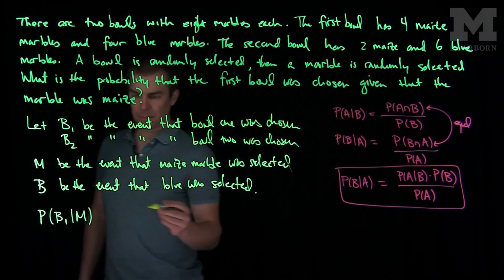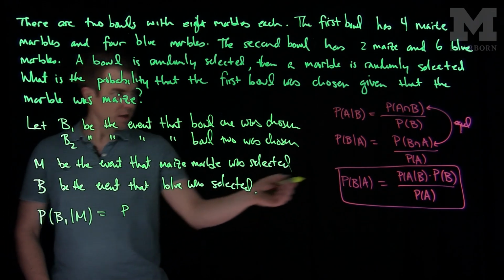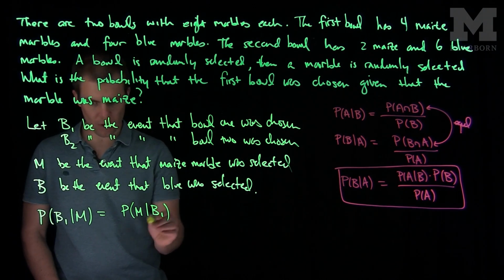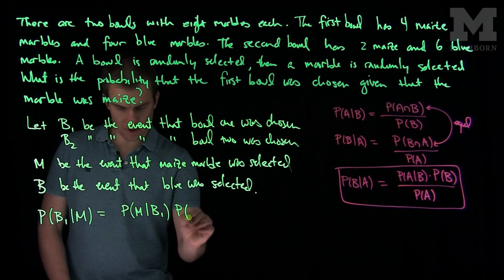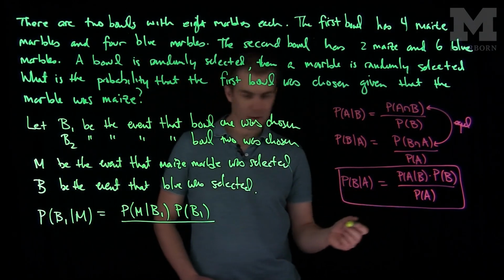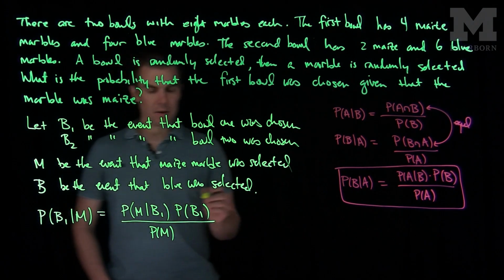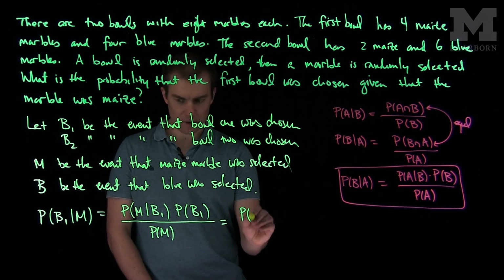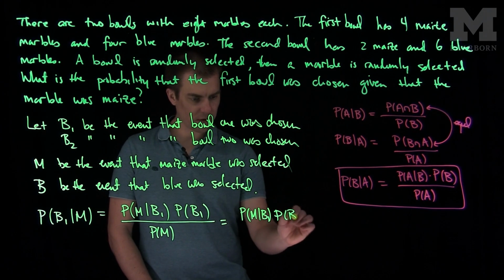So we go back to this problem. The probability of B1 given M is the probability of, flipping them, M given B1. And then the probability of B goes on top, so that's the probability of B1 for our problem, over the probability of the event M. Now, the probability of M is the probability of M given B1 times the probability of B1.